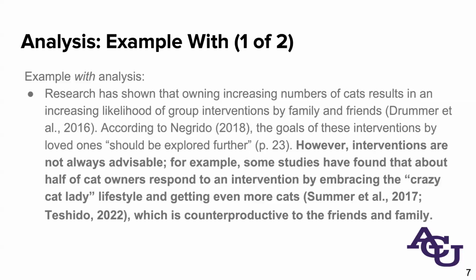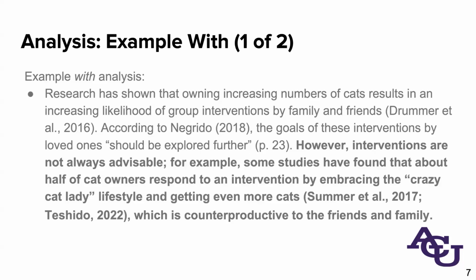If I were to break down this example that you just read, Sarah, the first two sentences, the one starting "research has shown" with the citation, and "according to Negrito" and the quotation, are both giving us evidence here. And then we have the statement saying, "however, interventions are not always advisable." Even though you might think from the evidence, be careful about it.